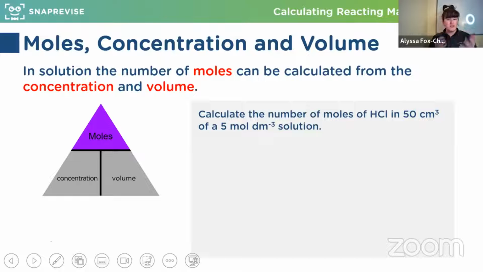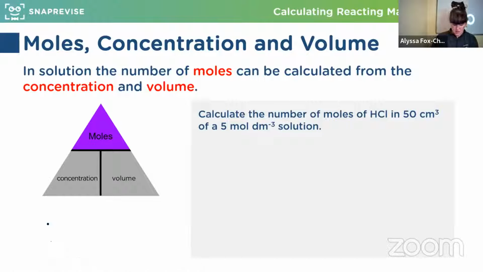Now, lots of people have lots of different ways of remembering it. Lots of people remember n equals cv. So n, being moles, is equal to c, which is concentration, times volume. But we have to make sure, if we're doing it like this, that our concentration and volume use the same units, which is not always the case.